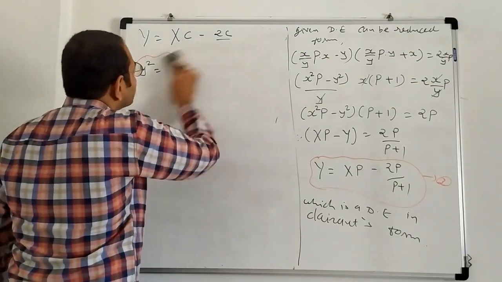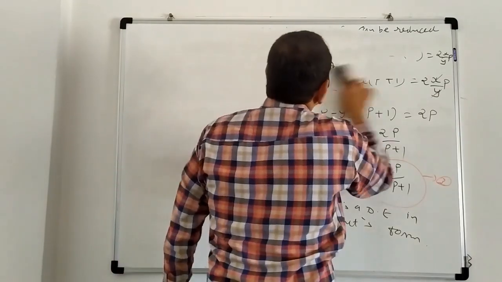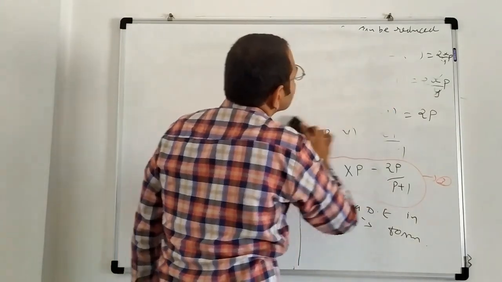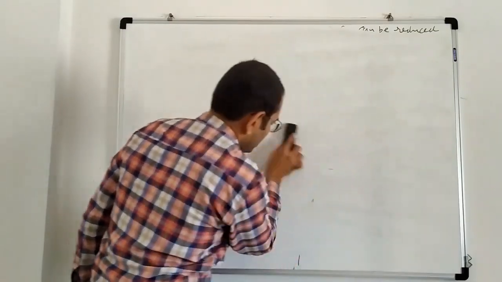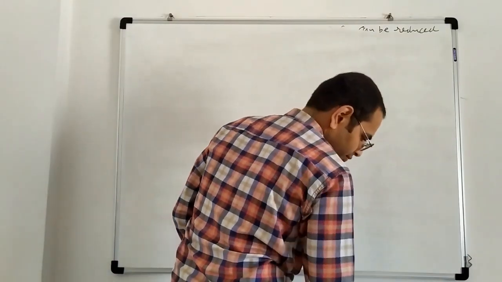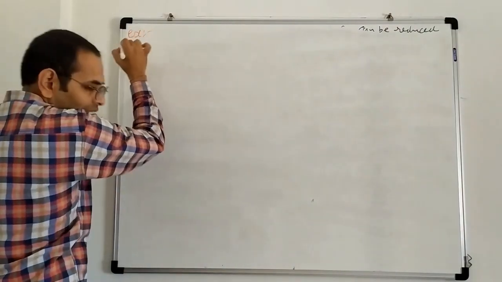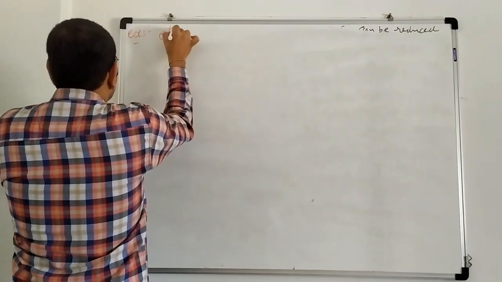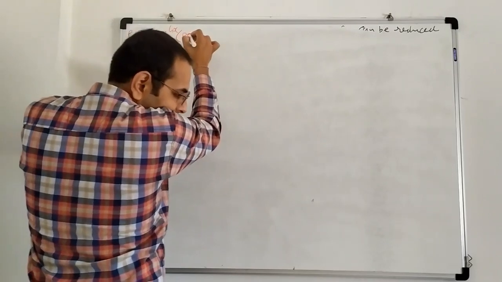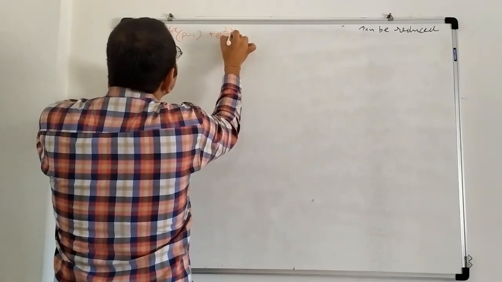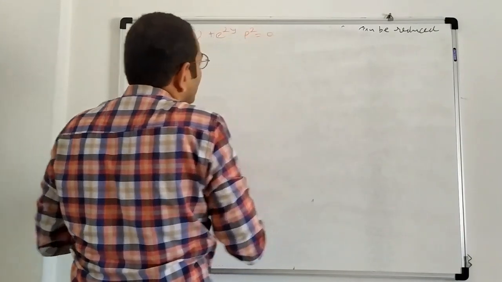Another example. The next example is e^(4x)(p − 1) + e^(2y) p² = 0.